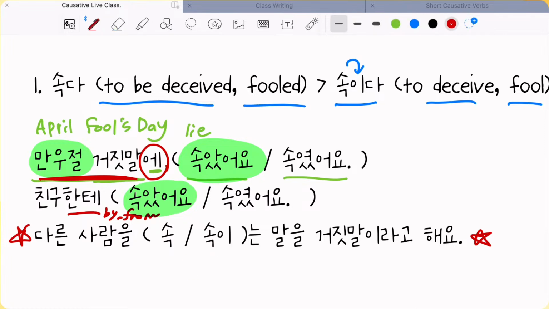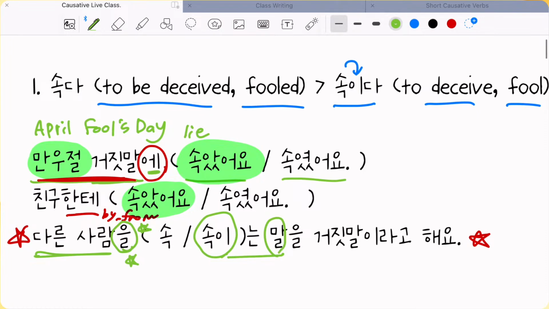So let's break it down, guys. 다른 사람, other people, here is the hint. It's used with the object marker. So 다른 사람을 속이는 말을 거짓말이라고 해요. 말 means words, right? What you say. So words that deceive other people. 거짓말, we learned it in this sentence.